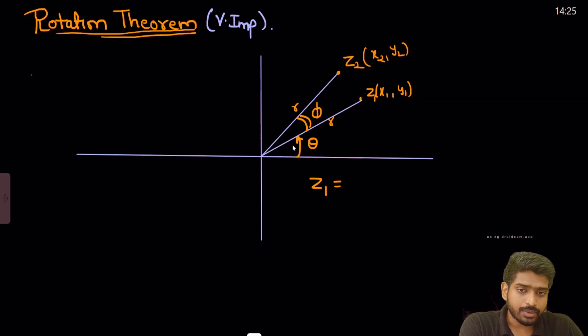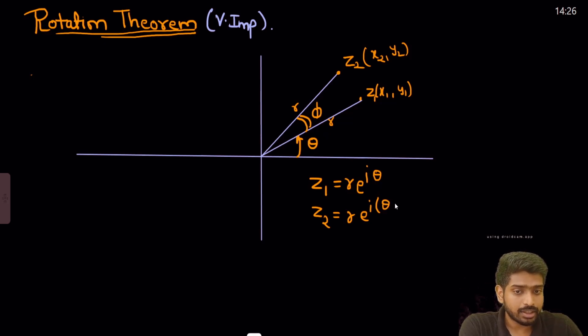So this complex number z1, I can write as r e to the power i theta, right? And z2 I can write as r e to the power i, the angle z2 is making with the x-axis is theta plus phi, right? So theta plus phi. Got it?